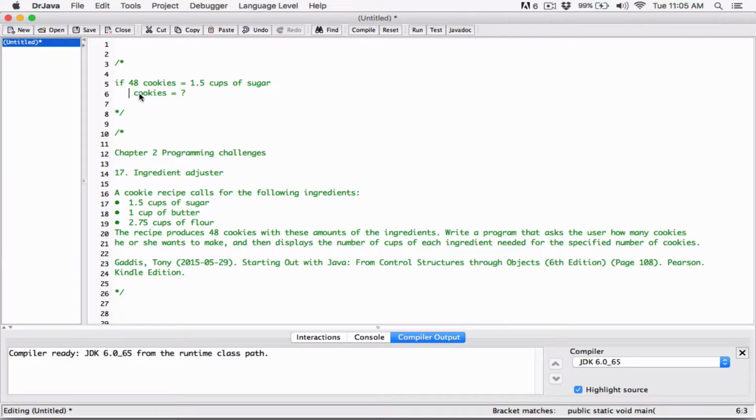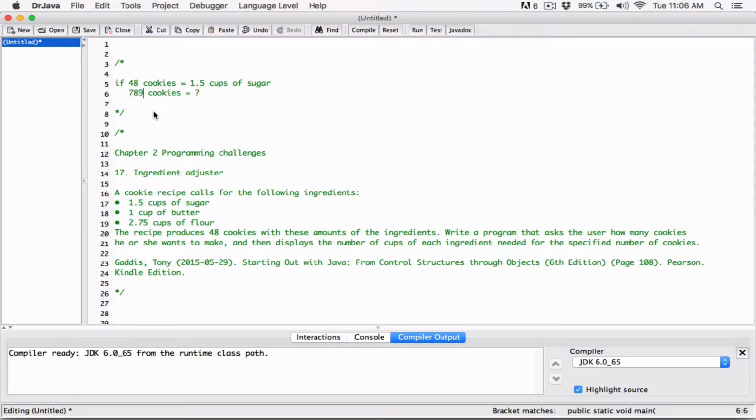So if this was 6, then 6 cookies is going to give less cups of sugar. And if less, more divides. The bigger number of these two, 48, goes under 6, and then you end up multiplying by 1.5.